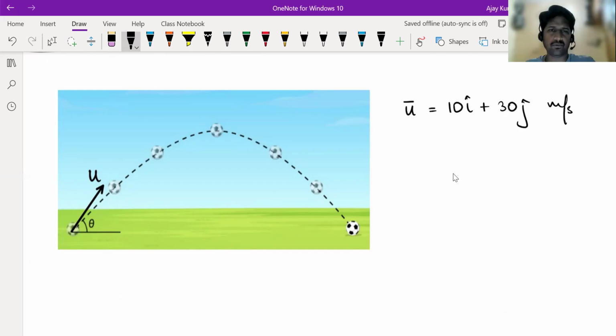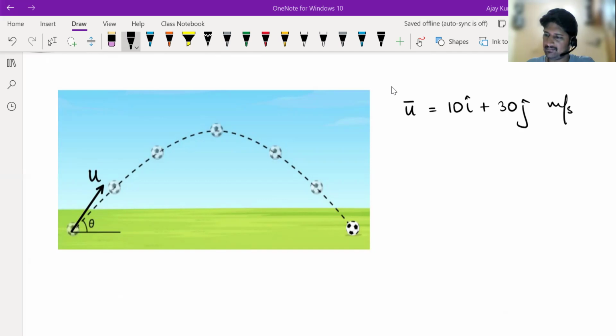Okay. Can one of you quickly tell me how high this ball is going to rise? Because you know the x component and y component. I think you should be able to tell. What is the maximum height this ball will rise to? How is h max calculated?